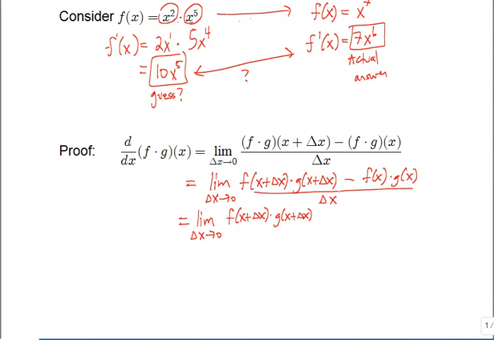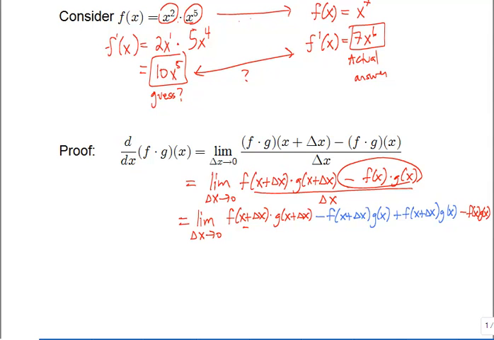So I'm not changing the equivalence of my problem. I'm keeping it equal to the step before this, but I'm going to change it in a way that's hopefully more useful to me. So here's what I'm going to do. I'm going to start by subtracting f of x plus delta x times g of x, and then I'm going to add in that same exact expression, f of x plus delta x times g of x, and then that minus f of x g of x that we had up here, I'm going to keep on the end.